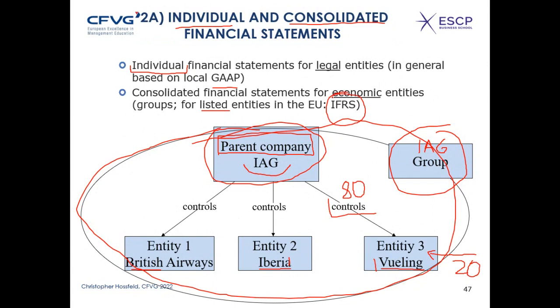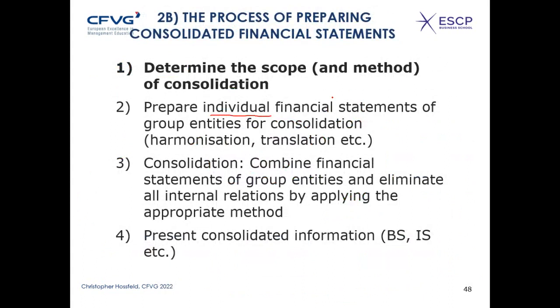That means before I can combine the financial statements, I have to harmonize them, which means they have to be in IFRS and in the same currency. That's why I need to do currency translation, and so on. After the second step, I have a multitude of individual financial statements, but now they're all in IFRS, all in the same currency.